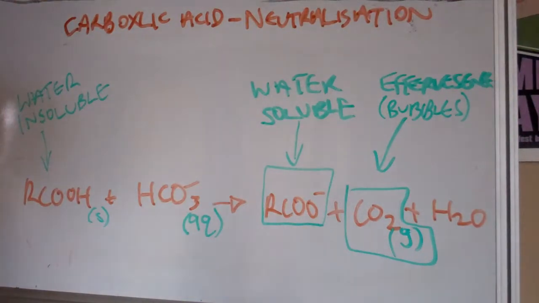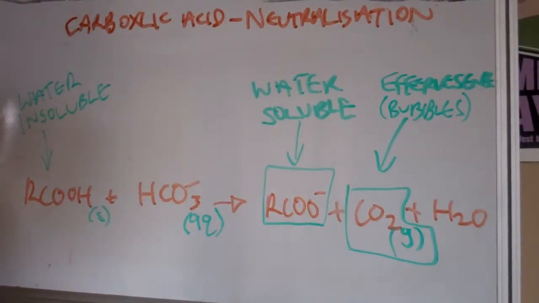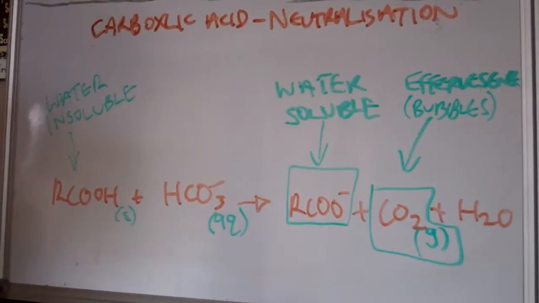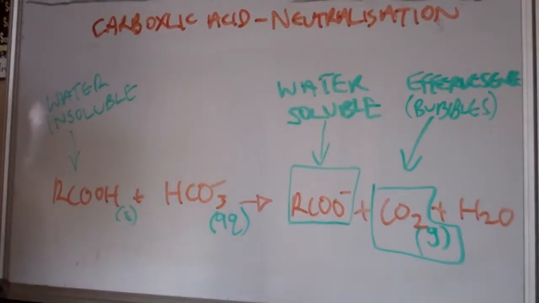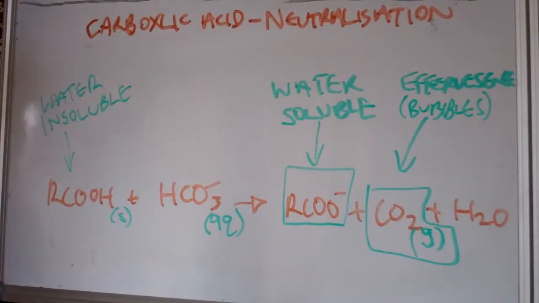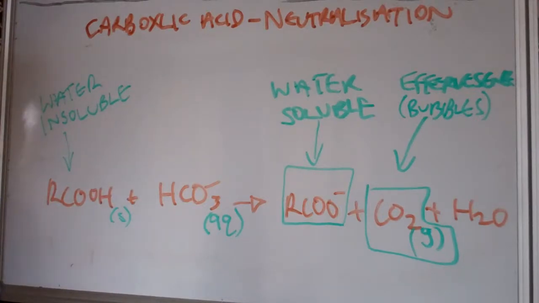So you get effervescence, just bubbles at the top of the solution, kind of like when you dissolve a soluble aspirin or paracetamol in water. This is rather similar. You get production of carbon dioxide. We'll look at drugs with carboxyl groups in a future video. Okay, that's it.